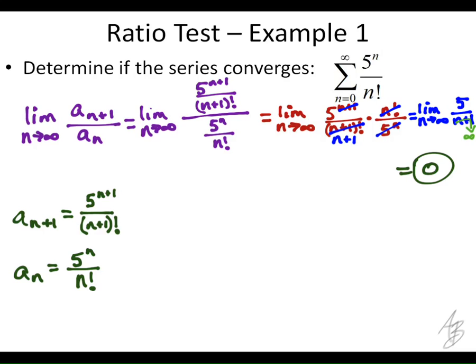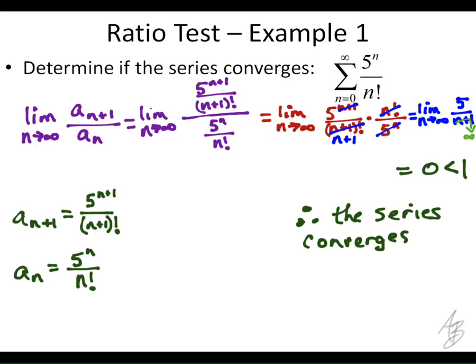So, in fact, I need to write this here. Since 0 is less than 1, so the limit of the n plus first term to the nth term is less than 1, then we can say that the series converges.